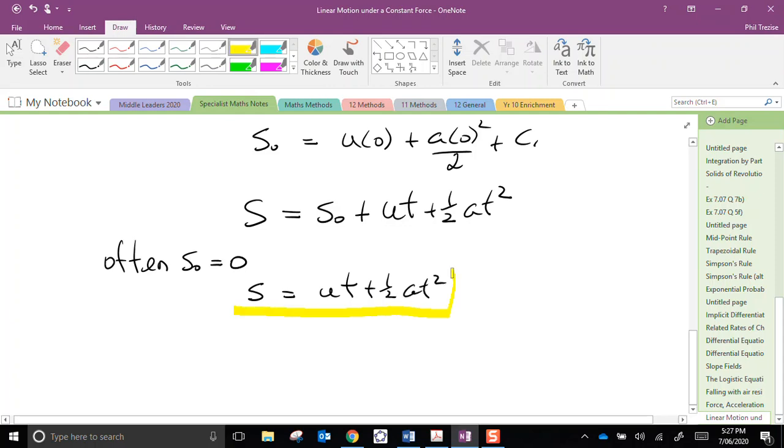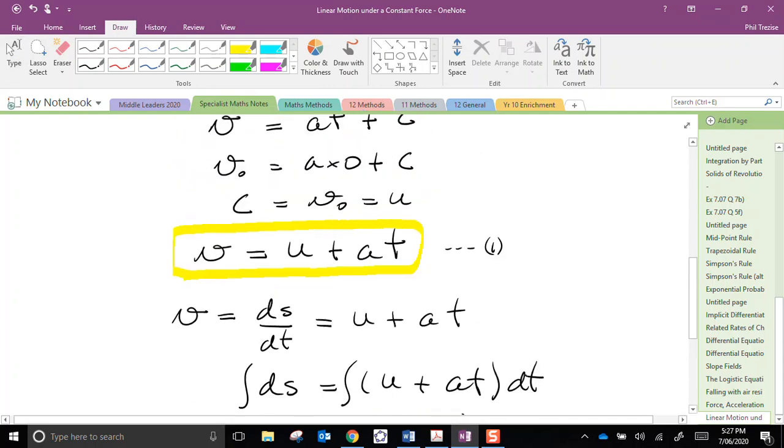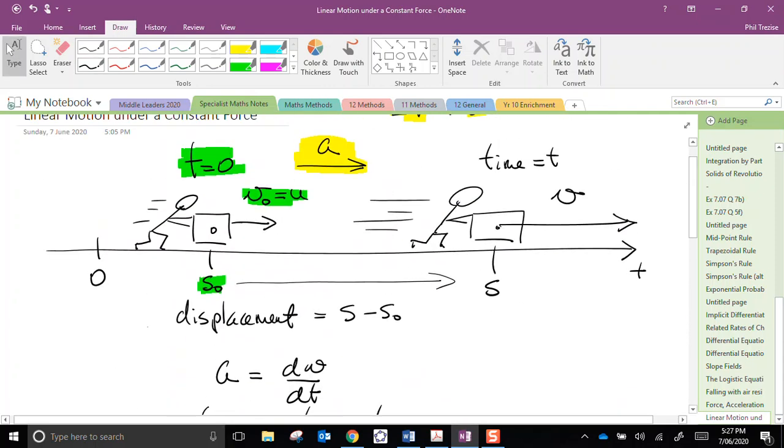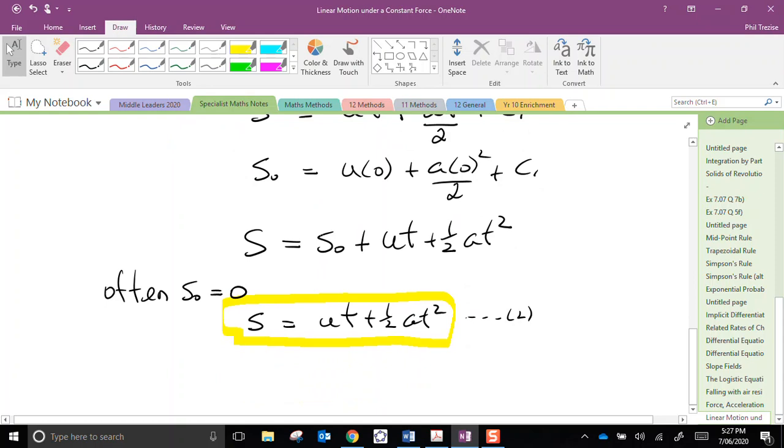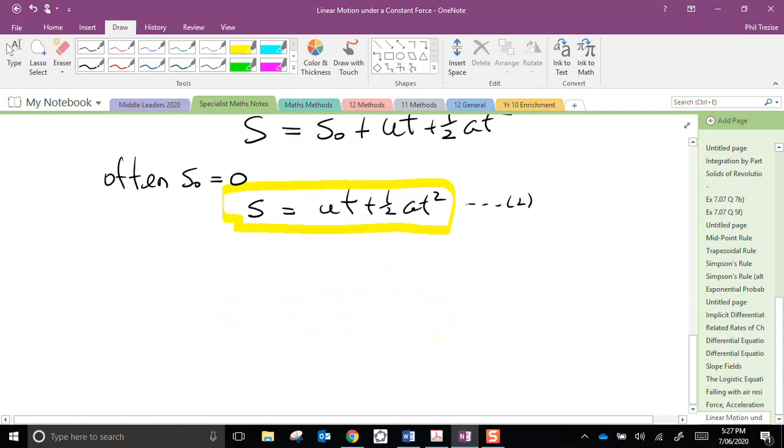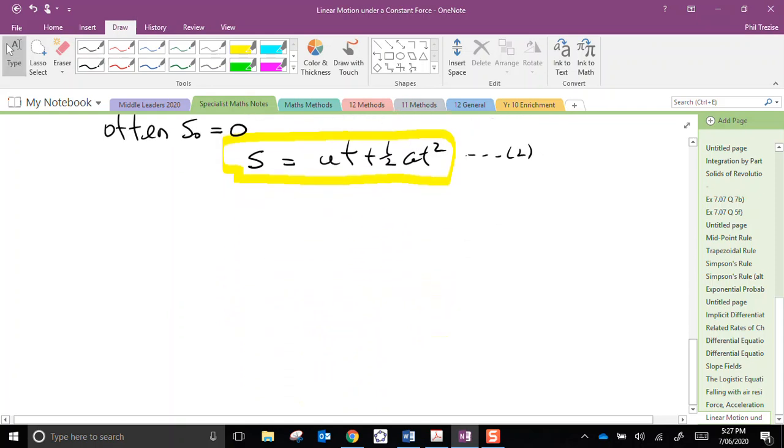That's often what you'll find is used, because we get to choose where the reference point on our number line is. And for convenience, we'll often choose it to be the beginning of the motion. If we put the origin here, then that part of the equation just disappears.